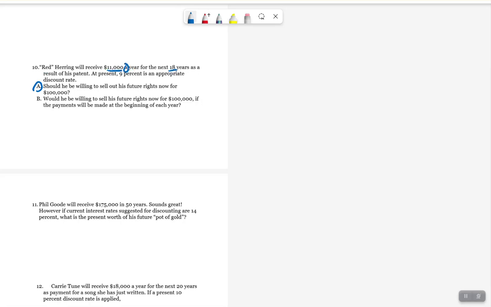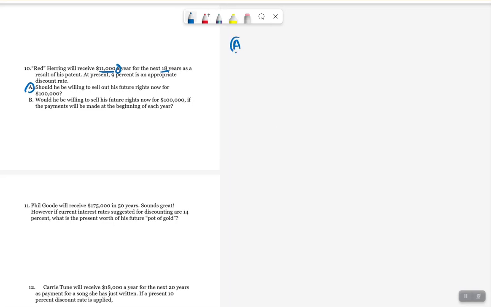In this case, it is in END mode because the question didn't state if the payments were made at the beginning of the year or at the end of the year. So we put our calculator in END mode. END mode is when you don't have anything at the top of the screen. What we are going to do is calculate the present value.